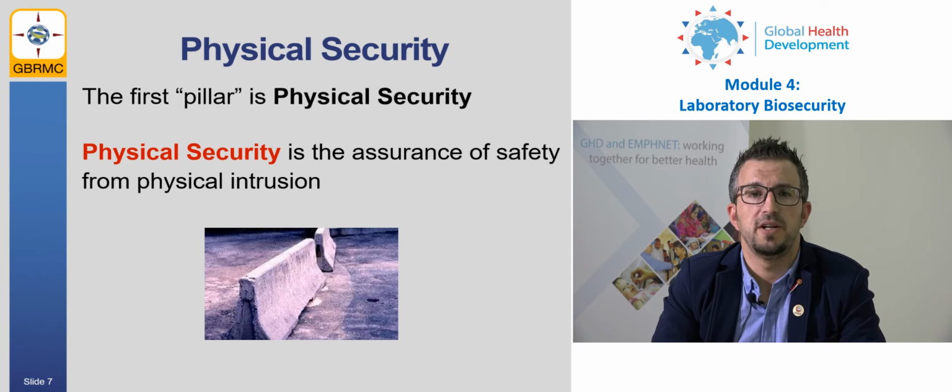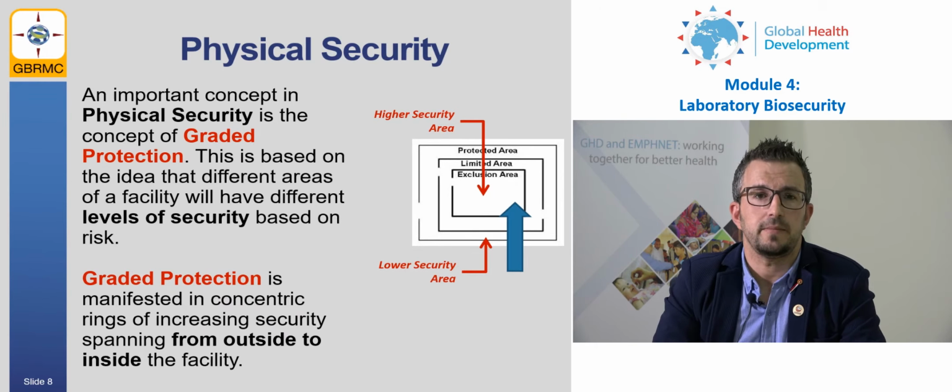Major components of the system include doors, windows, fences, and even guards. One major example is called graded protection, and we have 3 levels. The first level is called the protected area, which separates the institution from the outside. This is for the public, visitors, patients, or other people.